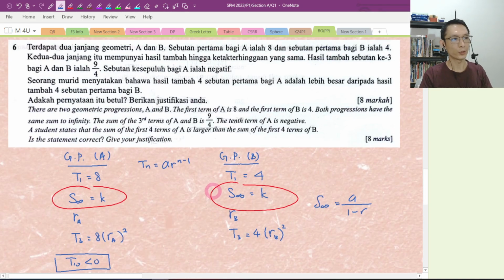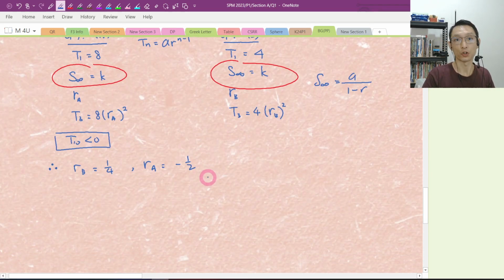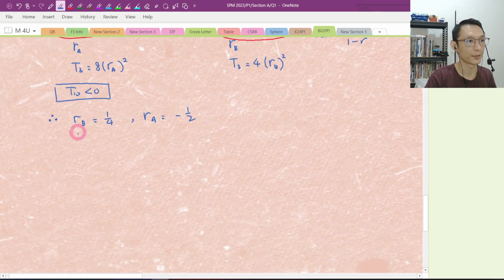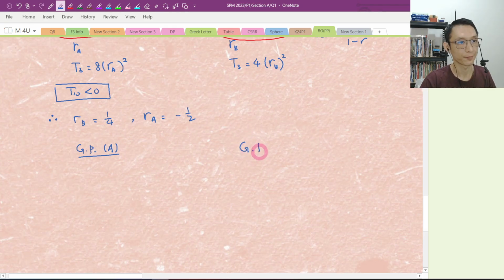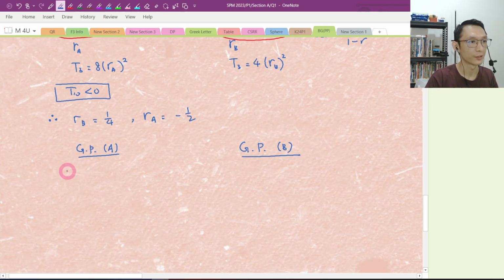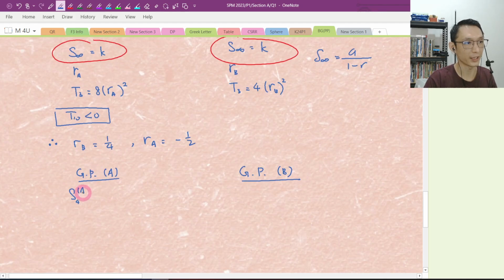Now what I'm going to do next is to find the sum of the first 4 terms for geometric progression A and geometric progression B. So this is A. This is B. Okay, the sum of the first 4 terms of geometric A. Let me represent it this way.